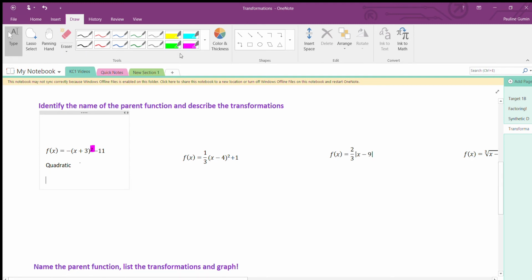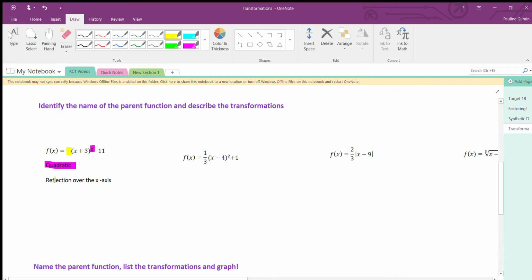Now let's see what transformations it has. First things first, I see an a. I see a minus sign. There's no number, it's just a negative. So what we have here is actually just a reflection over the x-axis. That's what that minus sign is telling us.